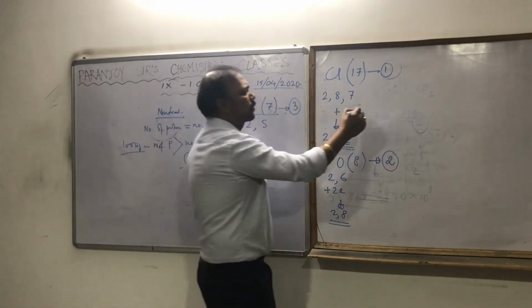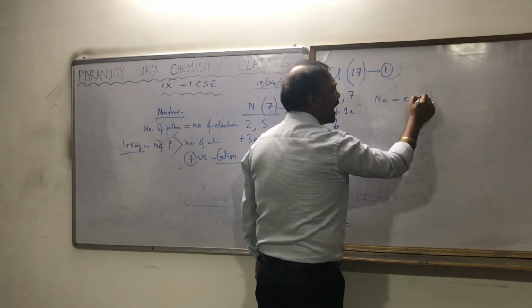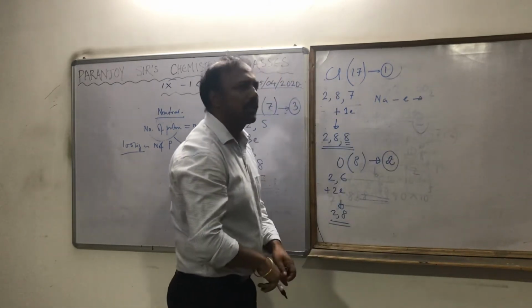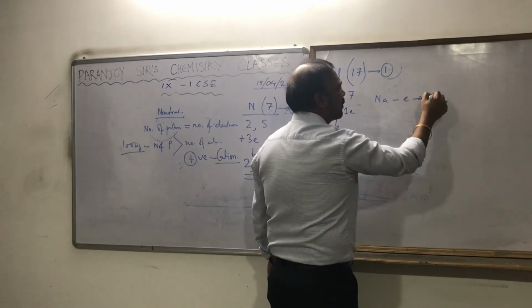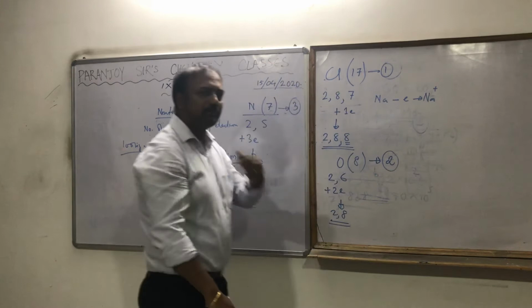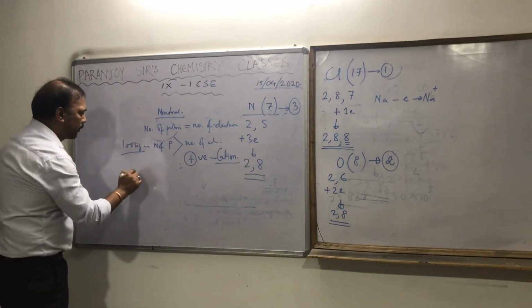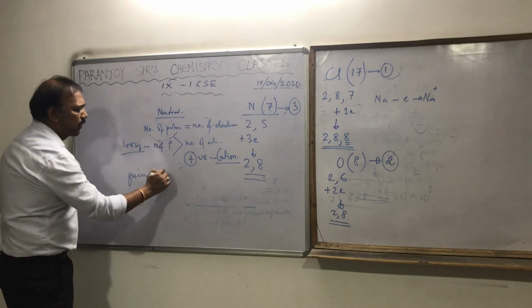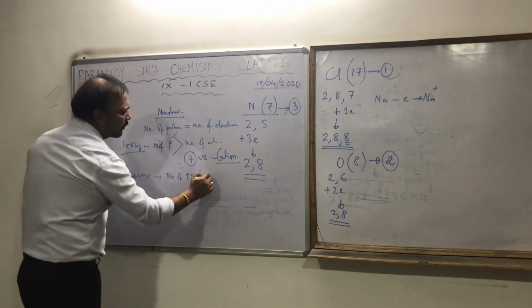We saw the example of sodium. Sodium is losing 1 electron, minus 1 electron, and it is becoming a cation, sodium cation, which we represent like this, Na plus. Okay. And if it gains the electron, then number of protons is becoming less than number of electrons.